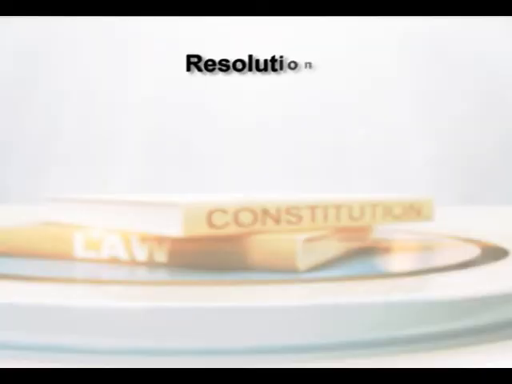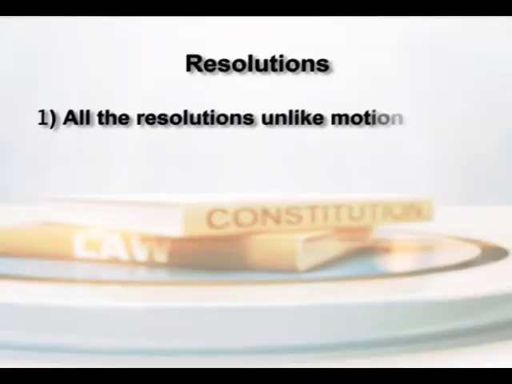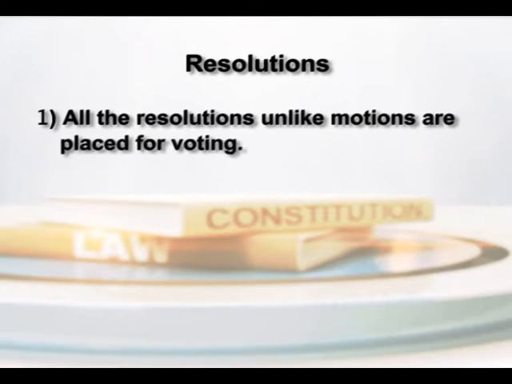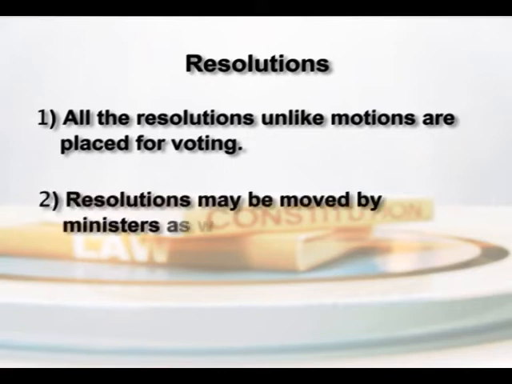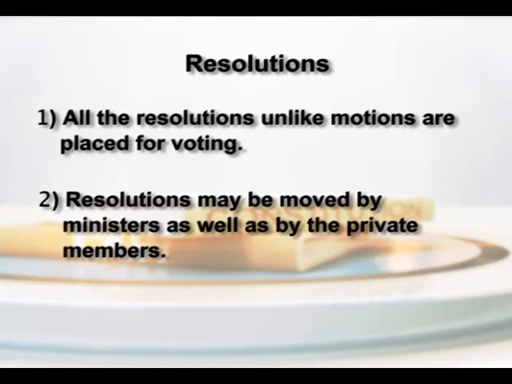Now, along with the discussion on the motions, it is important for us to take a look at the resolutions. While the motions may not always be put to vote, all the resolutions are placed for voting. The resolutions may be moved by ministers as well as by private members.